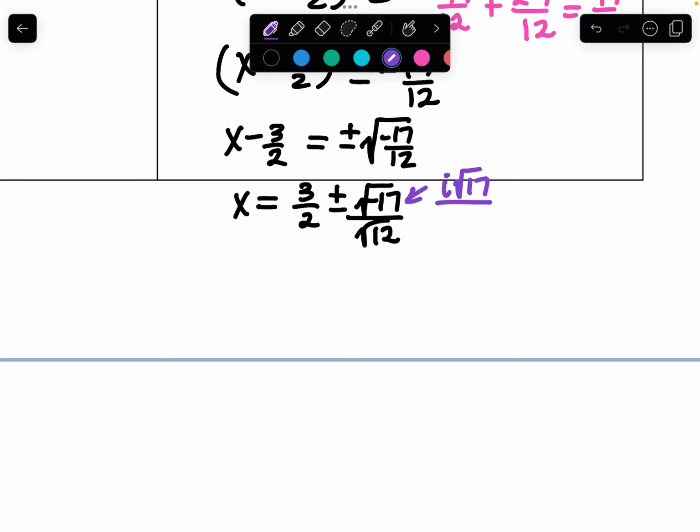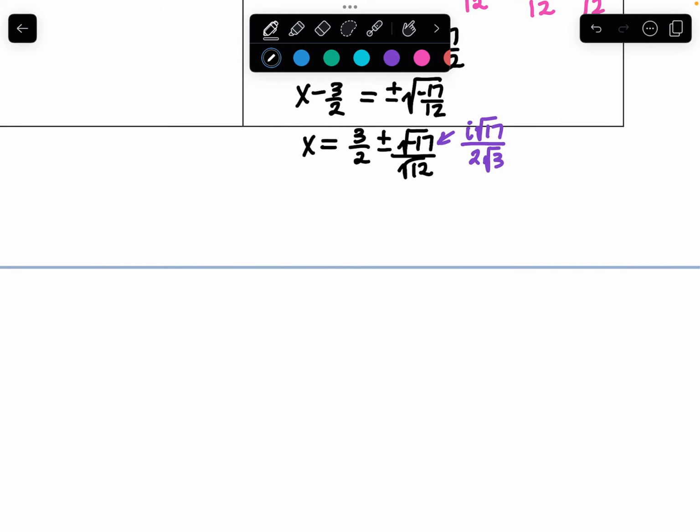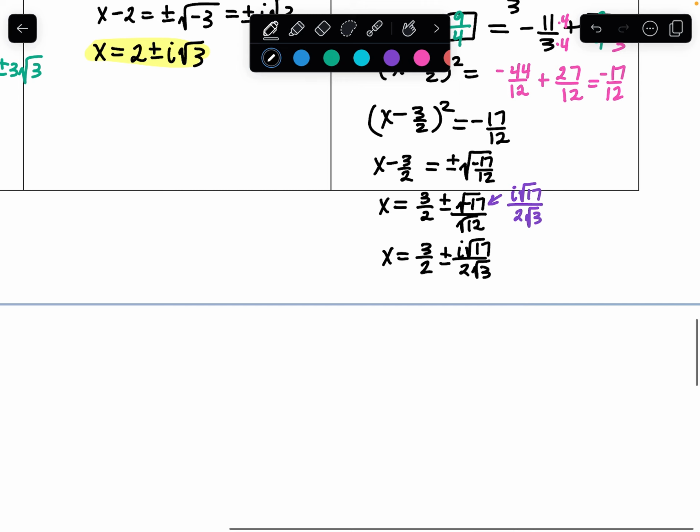For the bottom, we can take a 2 outside the radical and get square roots of 3. And technically we should rationalize the denominator, but you're not going to have to do that for the test, so you can leave your answer just like this.